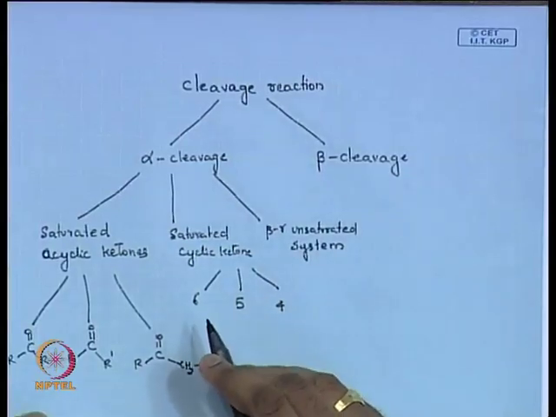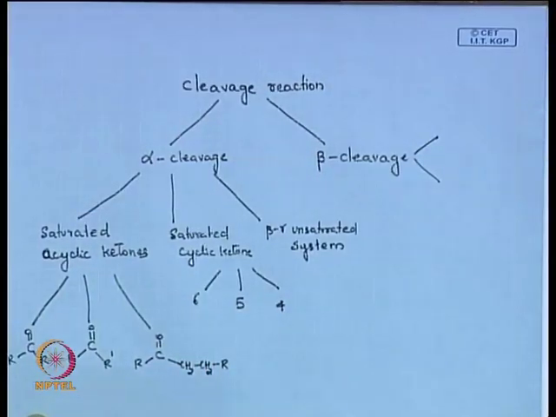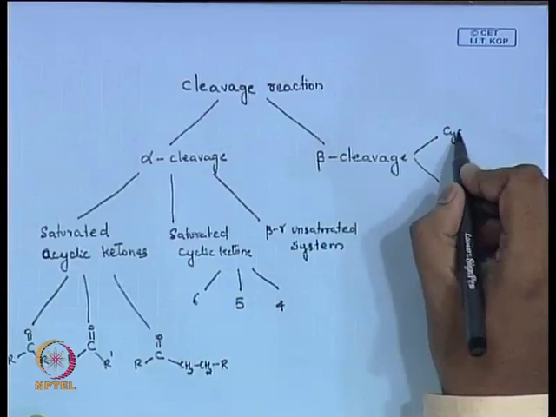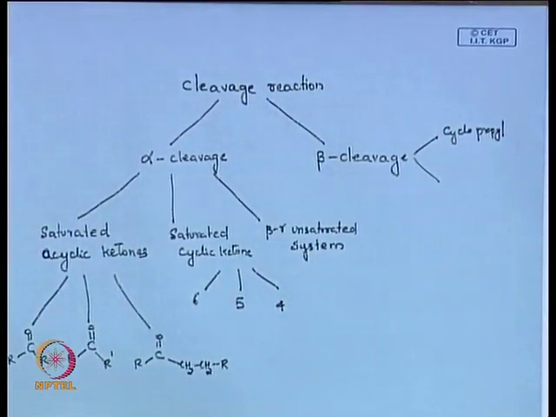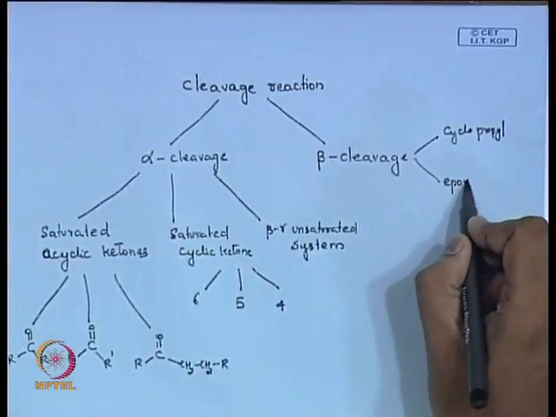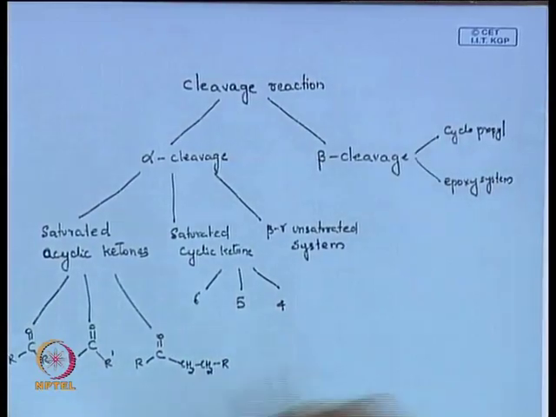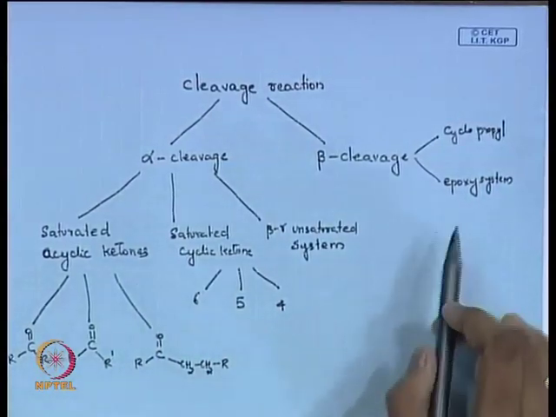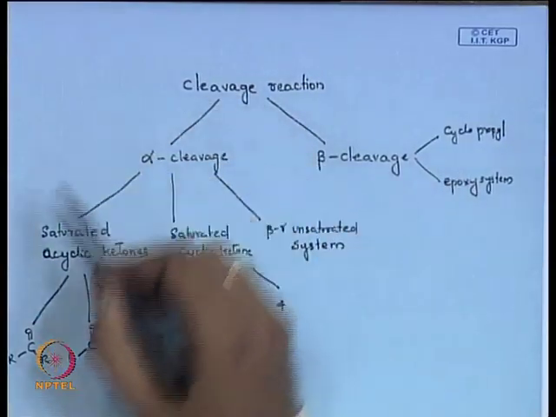In beta cleavage, we took 2 types of examples: a carbonyl system having a cyclopropyl, and a carbonyl system having an epoxy system, and we said that the epoxy system should go only through singlet chemistry. So that is how we saw our cleavage reactions.